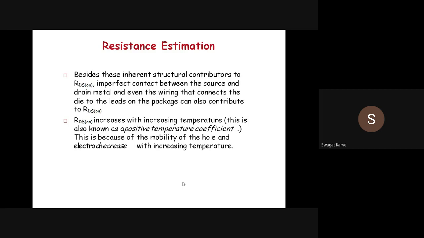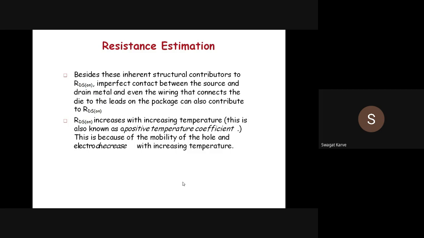Basically, this RDS on increases with increase in temperature, right? That means it has a positive temperature coefficient. What do you mean by positive temperature coefficient? If the resistance is increasing with the increase in temperature, then for any semiconductor device you can say it's a positive temperature coefficient, as the mobility of holes and electrons decreases with increase in temperature.